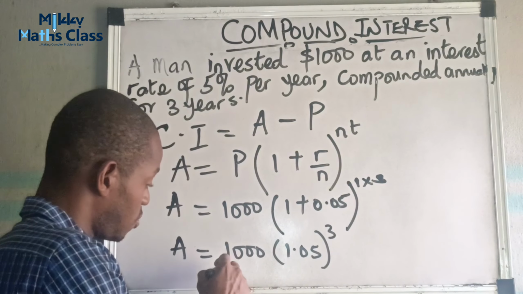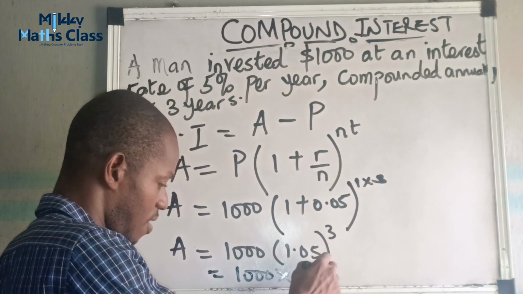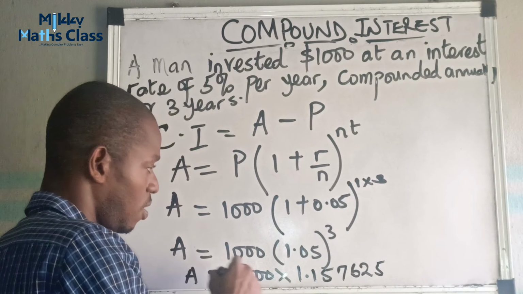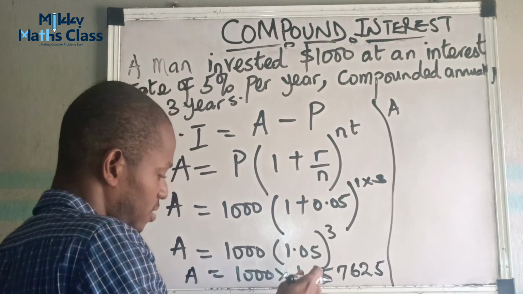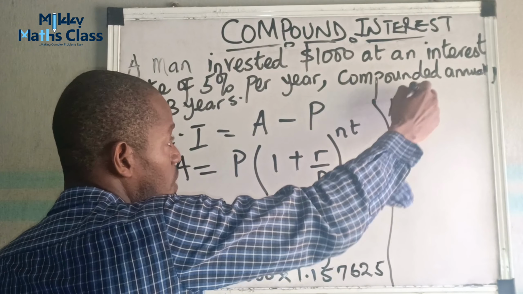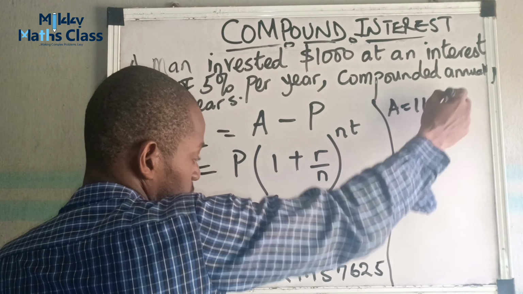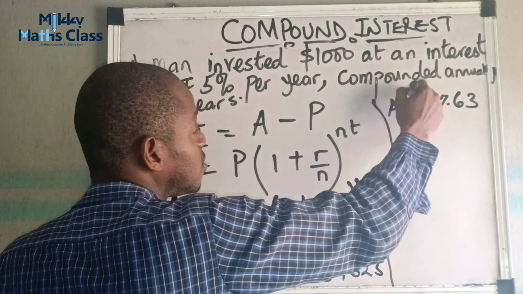Okay, so that will give us 1,000 times 1.157625. So our amount, when we multiply this, that will be 1157.625 or 63 dollars.